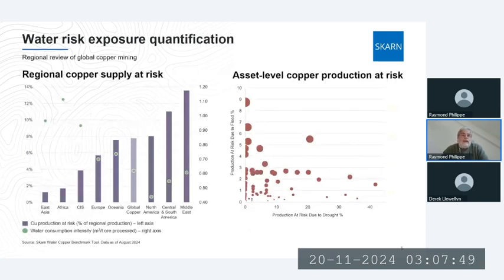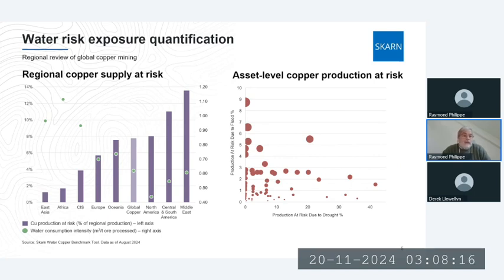The water-related risk exposure, and the quantification of it, is also a location-based risk. On the left side, we have again copper, the regional copper supply from the same data set, split out according to the location, the continent where it is being produced.